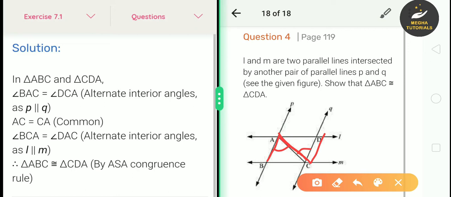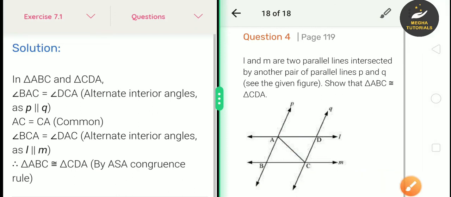Therefore you can write in the reason alternate interior angles for parallel lines P and Q. Now this side AC is common between the two triangles. Therefore we can write AC is equal to CA, or AC is equal to AC, as common side. Now for lines L and M, in triangle ABC we can see angle BCA.